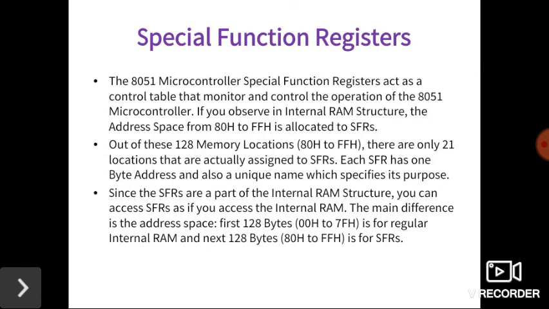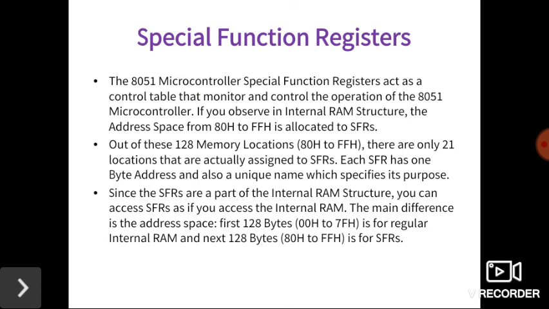Special function registers. The 8051 microcontroller special function registers act as a control table that monitor and control the operation of the 8051 microcontroller. If you observe the internal RAM structure, the address space from 80H to FFH is allocated to special function registers.